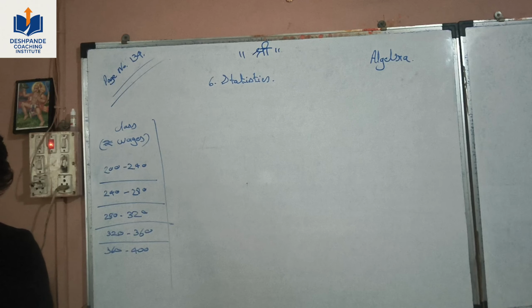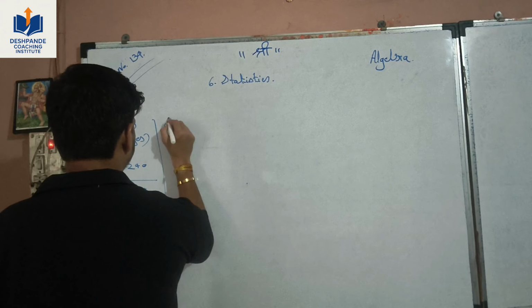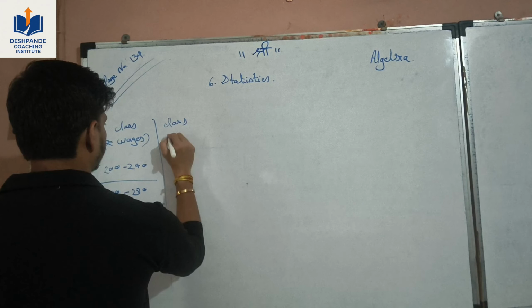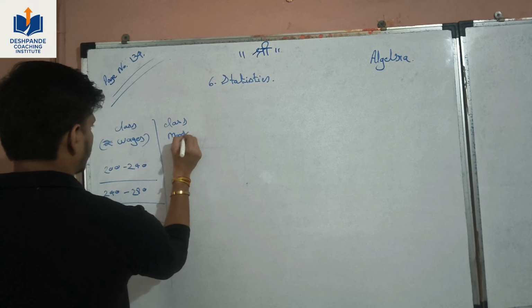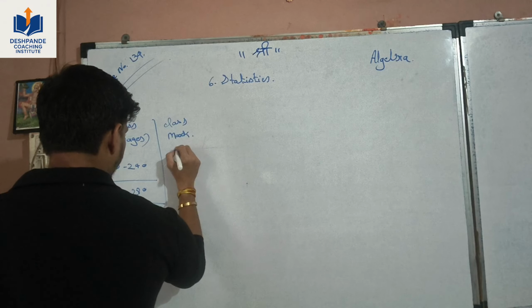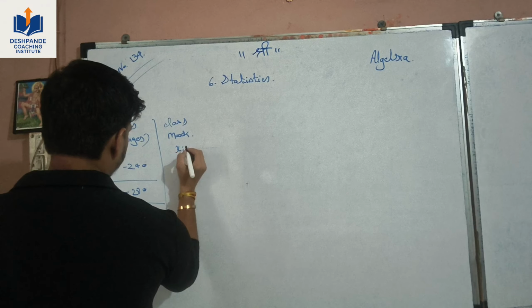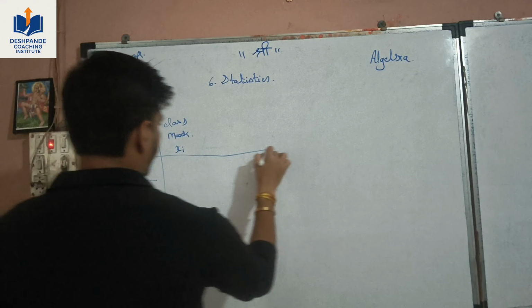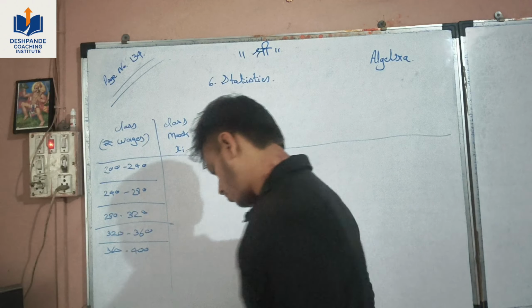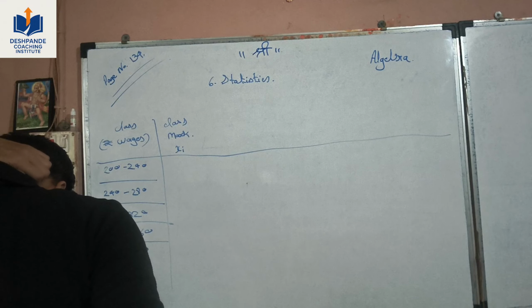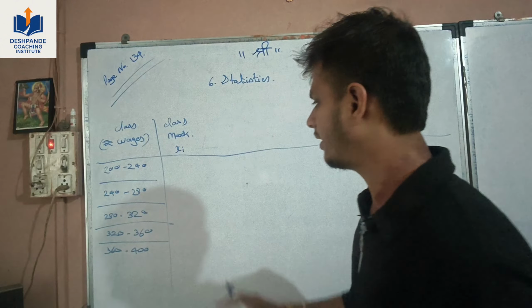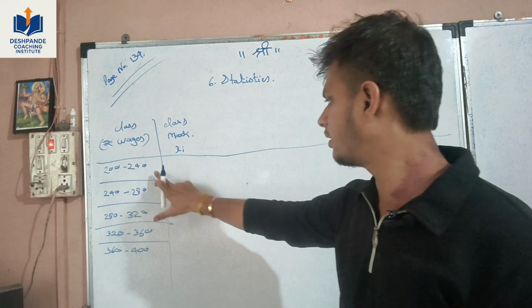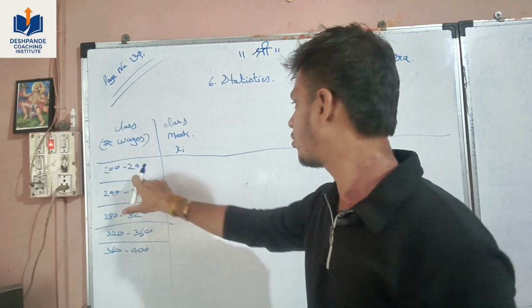After the classes we have to write the class mark, denoted as xi. So what is a class mark? The class mark is the middle number of the given slot.